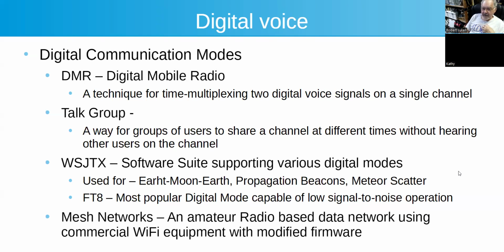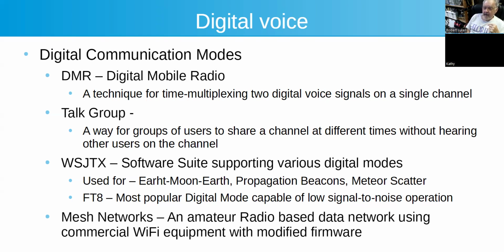There's also mesh networks, which have been popping up in recent years, where amateurs can take a kind of a commercial Wi-Fi router and load different firmware on it and set up a bunch of them in a network where they can find one another and make connections and form this kind of mesh, so that you wind up having some fault tolerance.